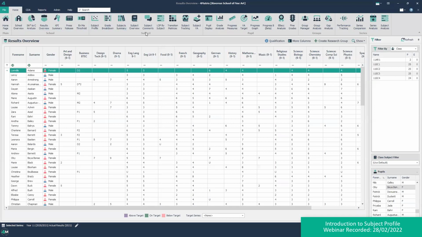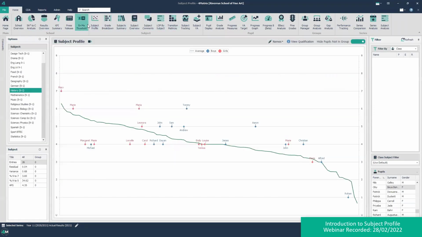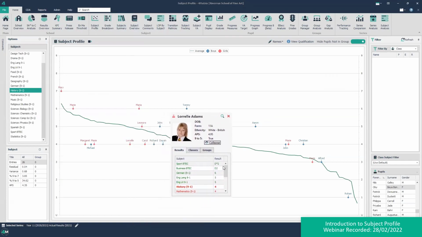Back into the subject profile tool and see what that looks like in reality. So we can see Laurel here. If I right click on the dot, we can see all her grades over here.